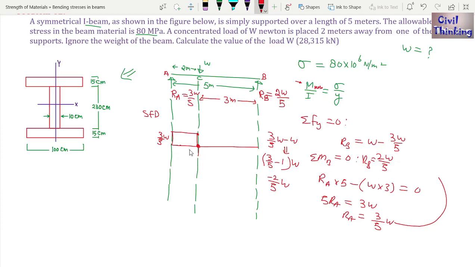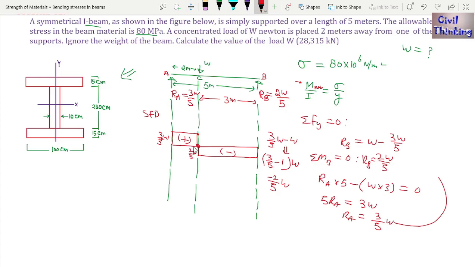Now here it is 2 by 5W. Now from C to B there is no load or reaction, so I will go flat. Now at B there is 2 by 5W upwards, so I will go upwards. You can see from A to C it is positive, and from C to B it is negative, right? At this point the shear force diagram has changed its sign from positive to negative.